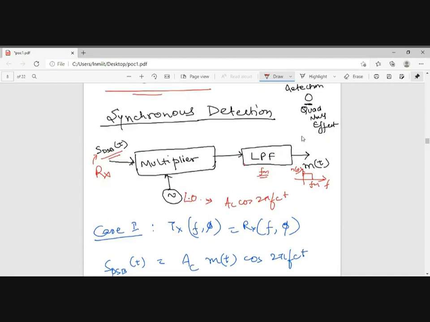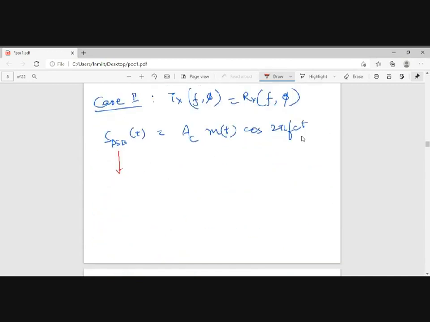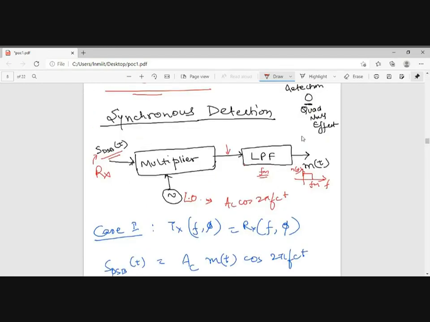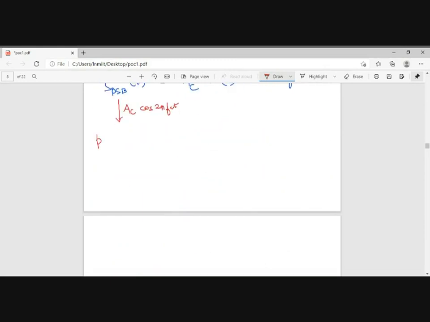We multiply it with c(t), that is, with Ac cos(2πfct). After multiplying, let's call the result p1(t). So p1(t) is equal to Ac² m(t) cos²(2πfct), which is equal to Ac²/2 m(t) [1 + cos(4πfct)].